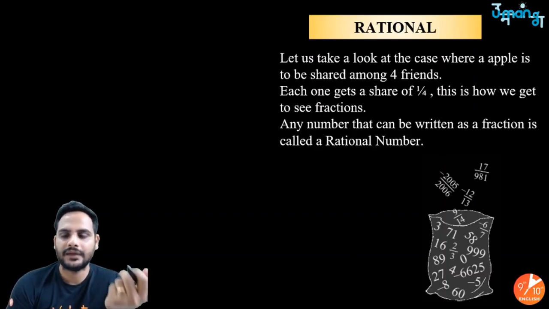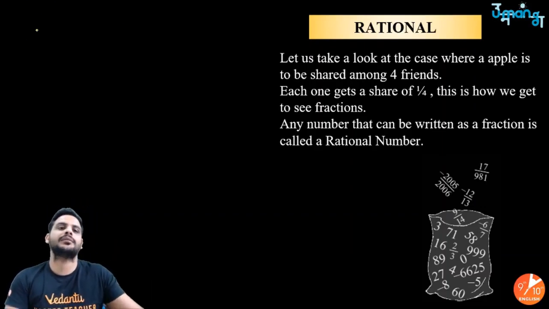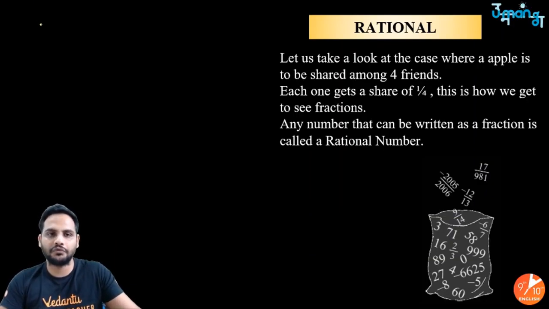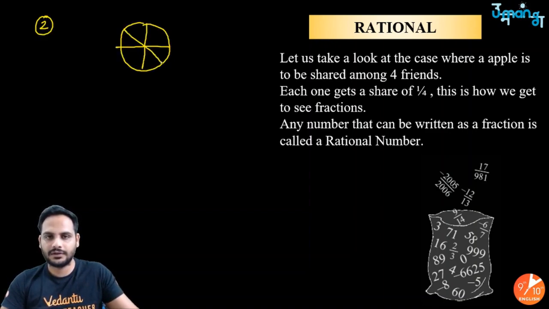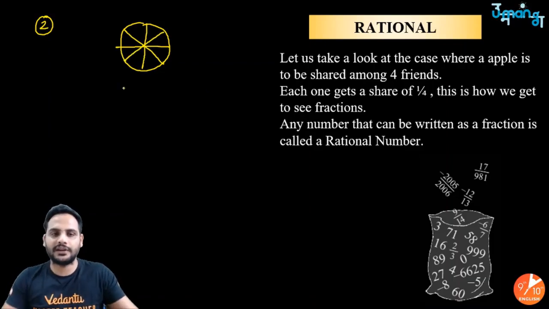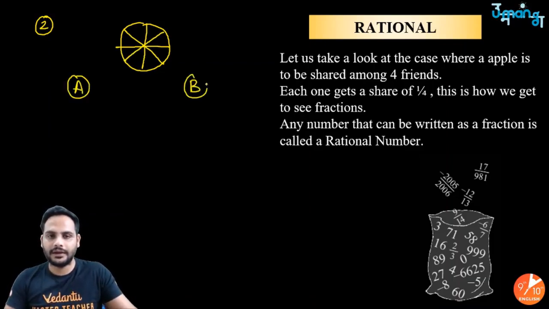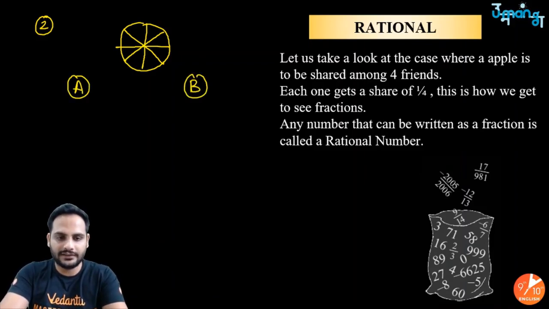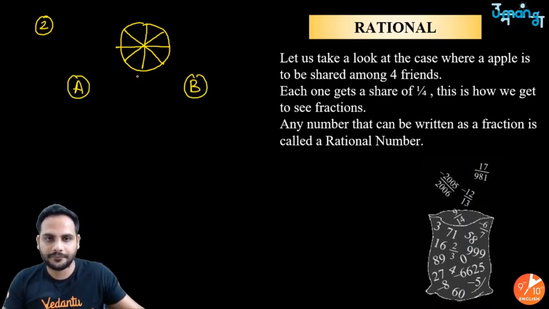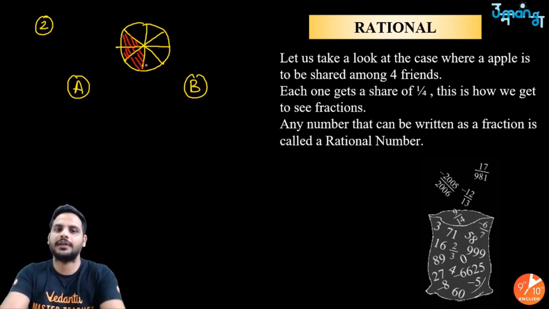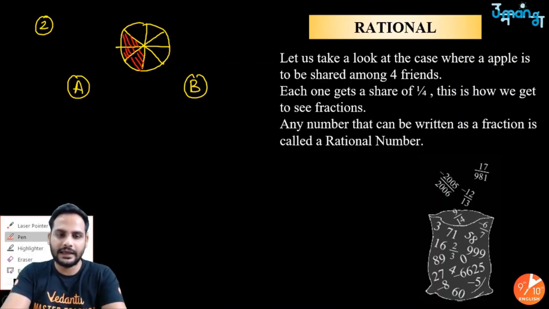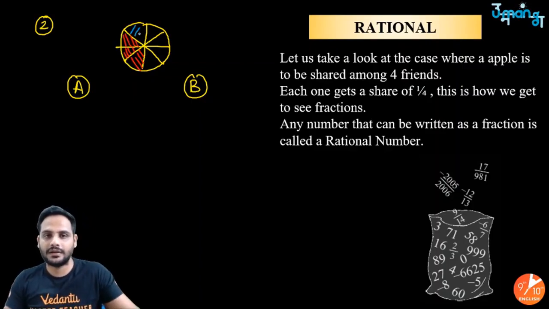For example, suppose you ordered a pizza. You were two friends, and you ordered one pizza, let's say with 8 slices. Now suppose the two friends were A and B. Suppose A ate 3 pieces and B ate 5 pieces.